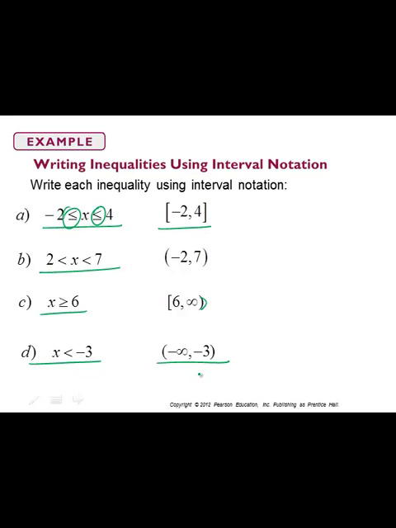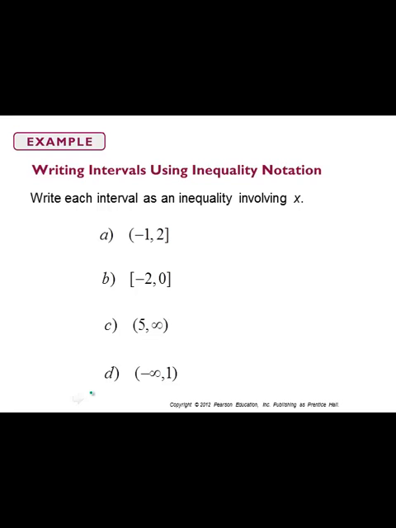The negative 3 itself would not be in the inequality, but any other real number less than negative 3 will. So negative 4, negative 5, etc. Going in the other direction, here we've got the interval from negative 1 to positive 2, including 2, but not including negative 1. So we would have this interval notation.